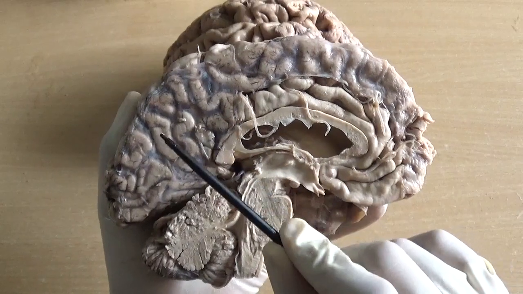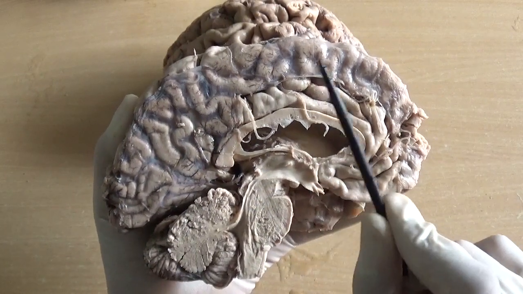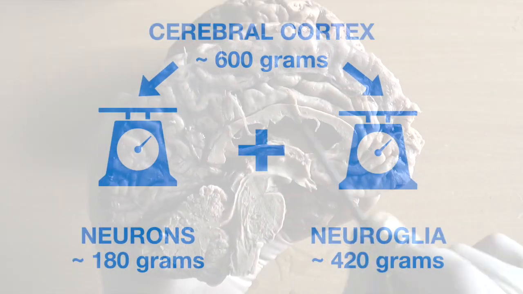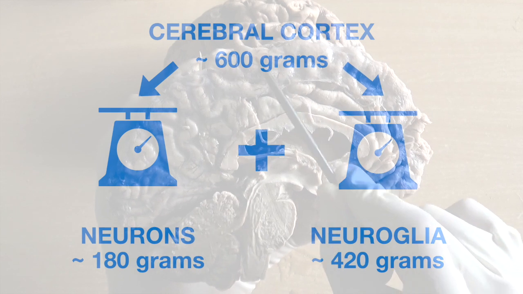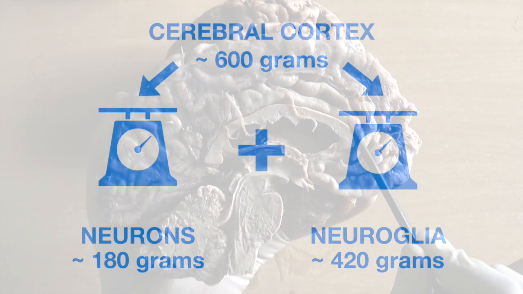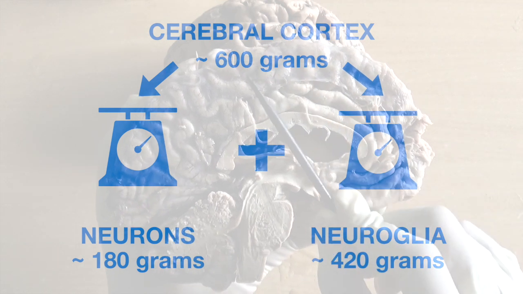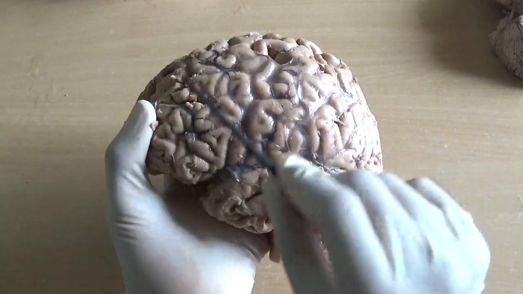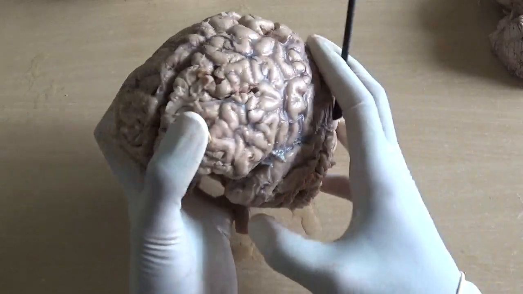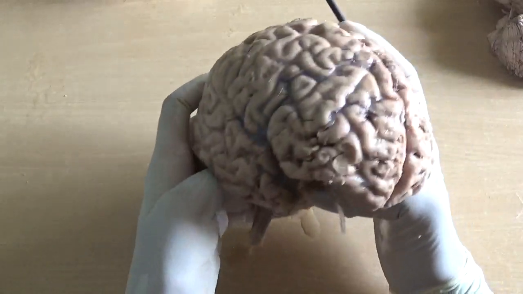If we talk about the neurons in terms of weight, then out of 600 grams of weight of the cerebral cortex, 180 grams belongs to the weight of neurons, and the remaining 420 grams is the weight of neuroglia. Now throughout the cerebral cortex, within the neurons, within the cell bodies, all around, it can store memory.